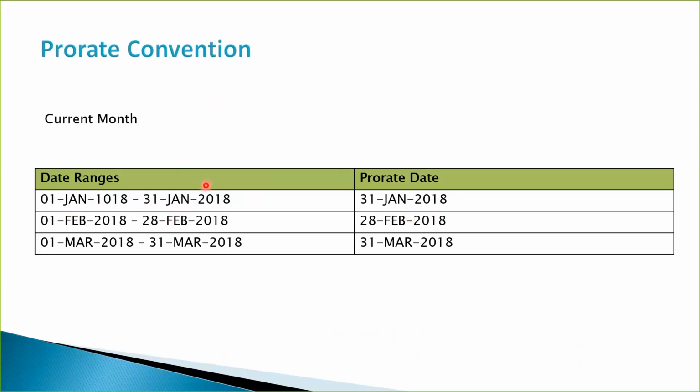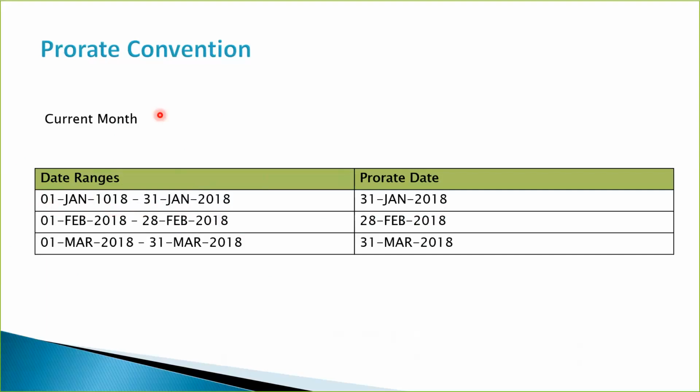For example, if an asset was placed in service on 13th January, then that date placed in service falls here between 1st January and 31st January. You can view that date placed in service as the input.